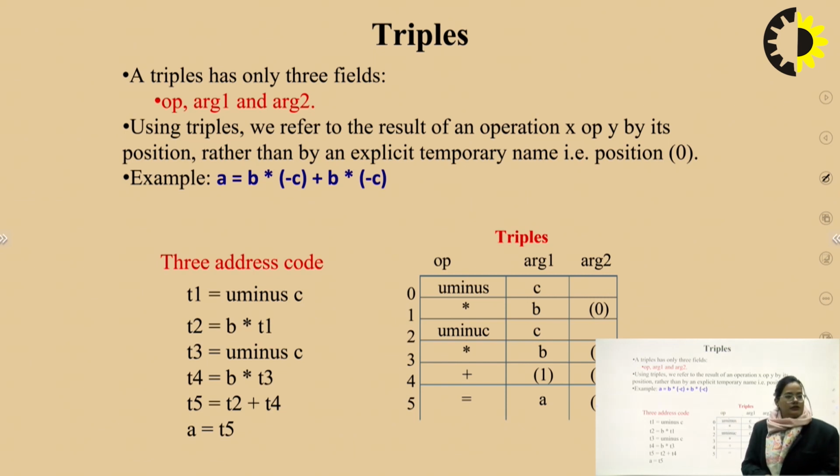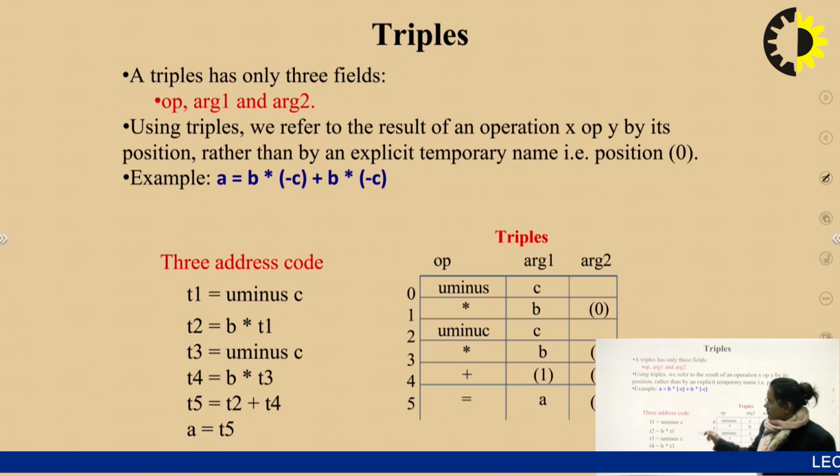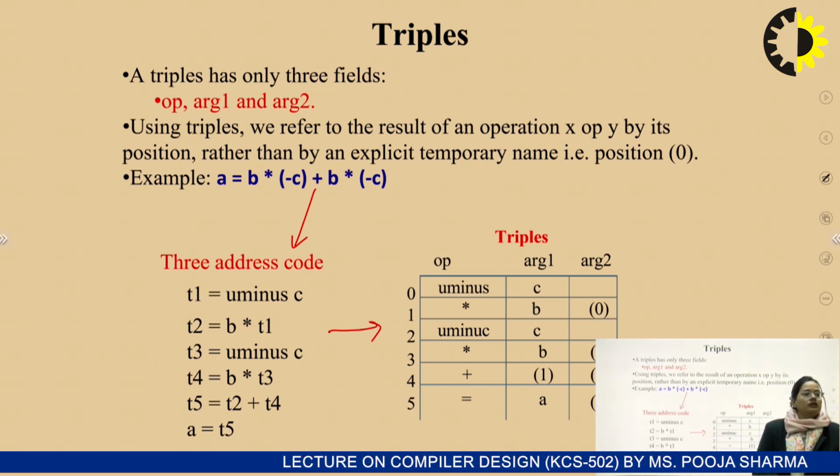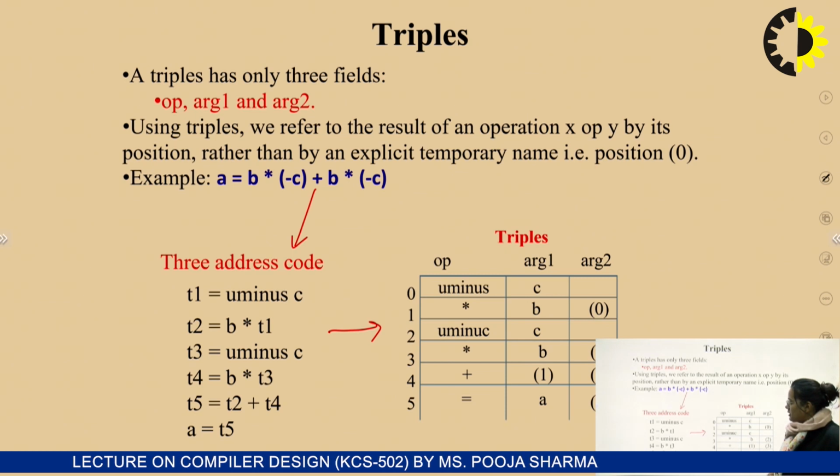We take the same previous example: A equals B multiply minus C plus B multiply minus C, and its three address code. We represent that three address code in triple in this form.